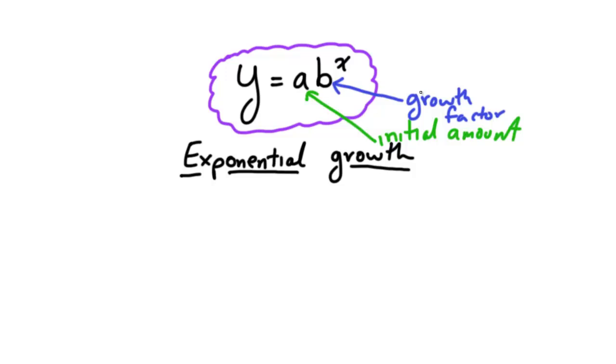Okay, so b needs to be bigger than 1. Okay, and a needs to be bigger than 0, right, for this to be an exponential growth model.